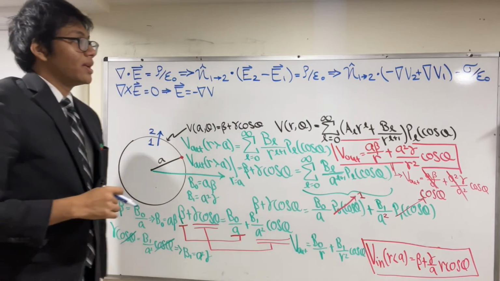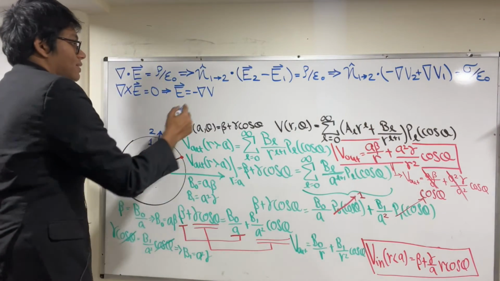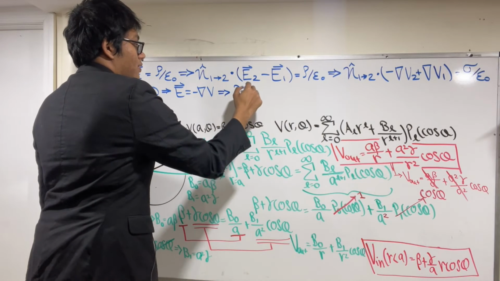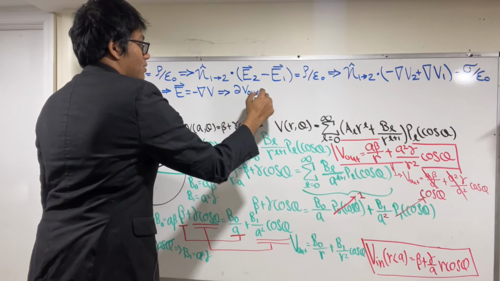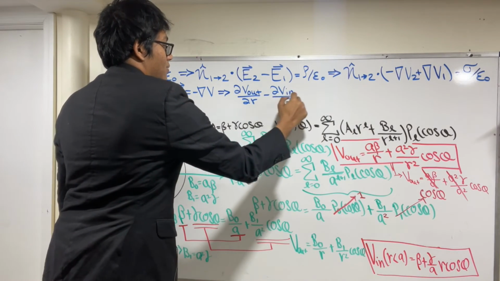Well, we can multiply both sides now by this minus sign so as to get the following. We're going to get partial V out partial r minus partial V in partial r.